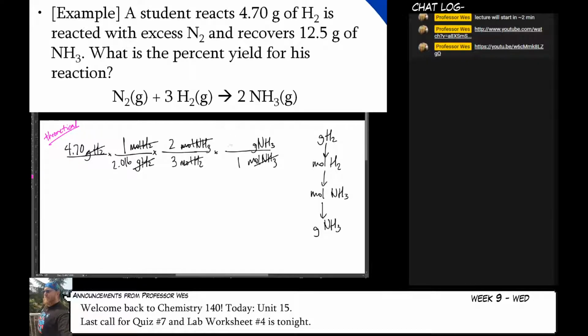And then 1 mole of ammonia is 17.03. So I'll punch all that into the calculator. And I got this, 26.5 grams of ammonia should have been made, in theory.